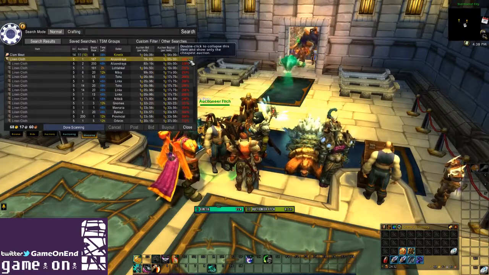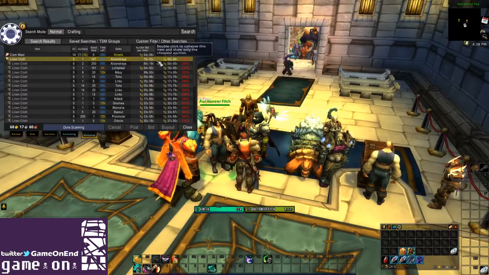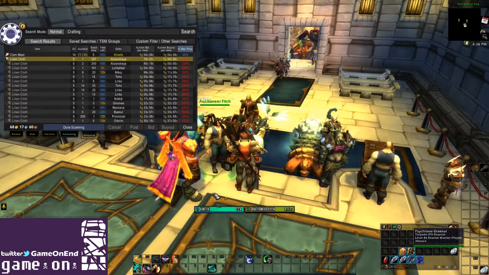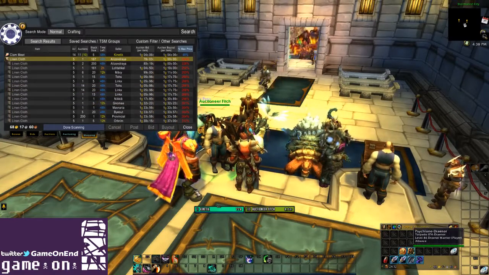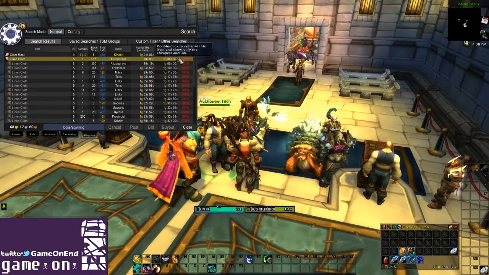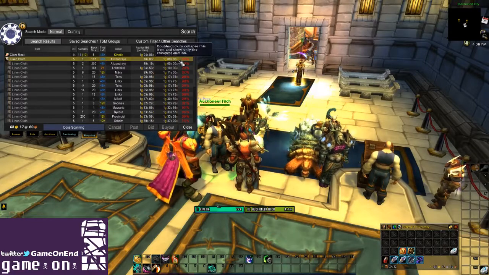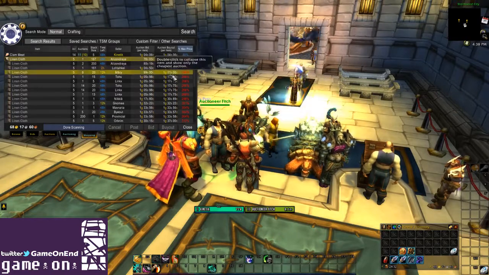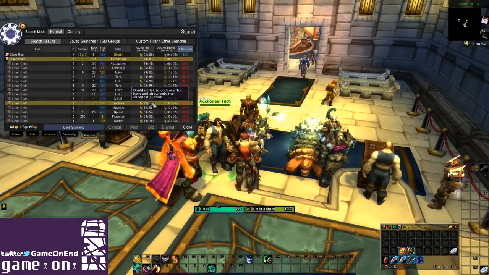That maximum is 80% of the region market average, which means the region market average for this cloth is about 50 silver. So ideally we would only like to purchase this when it is below that 50 silver.